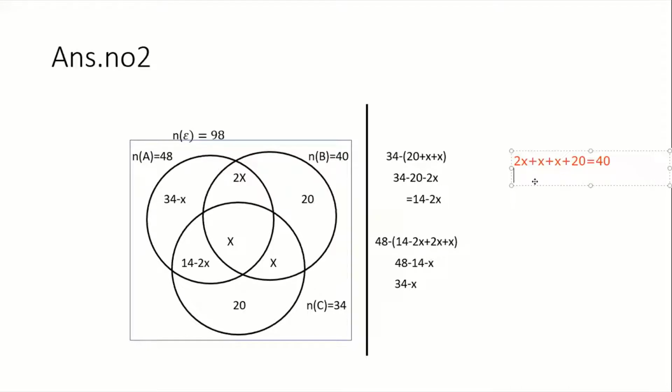If we collect like terms, we shall end up with 4x, which is equal to 40 minus 20. So that is giving us 4x equals 20. If we divide all through by 4, we shall end up with x, which is giving us 5.